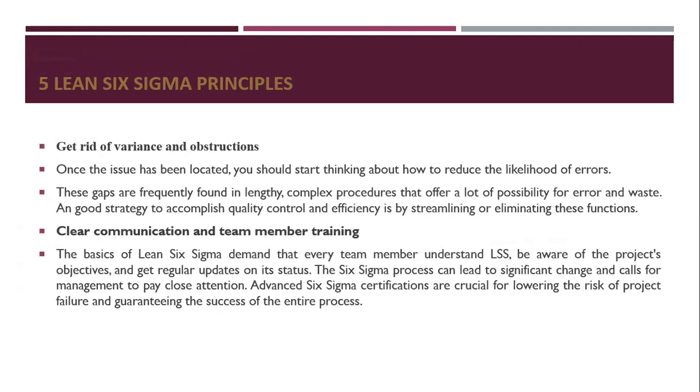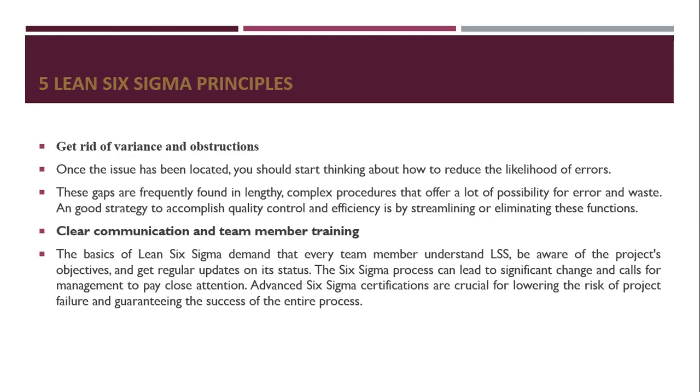Next principle, try to get rid of the variation and the obstacles when we are doing the work on site. Once after finding out the problem, try to locate it exactly and start thinking ahead in order to reduce the errors.